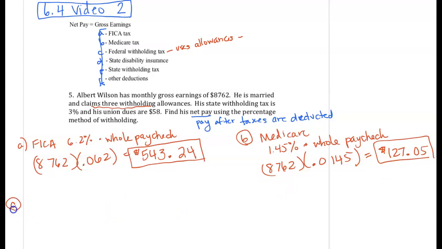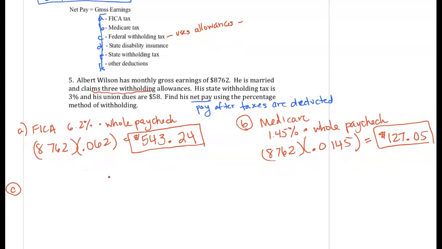I'm going to save Part C to the end so that I don't accidentally use another value instead of my whole paycheck. I'm going to come back to Part C.